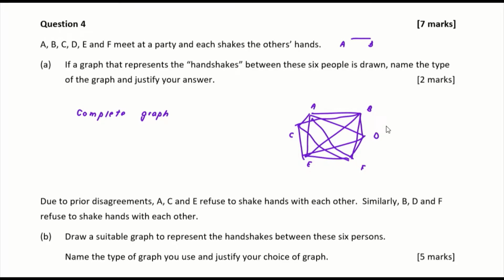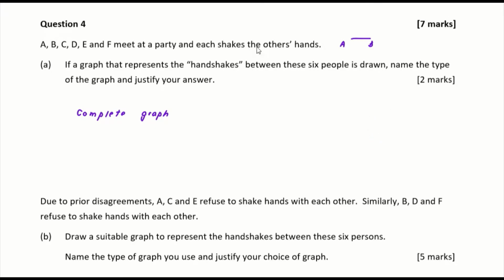You do not really need to draw it. The idea is you need to understand what you are doing here. In the end, you know that you are getting a complete graph. So how do you justify your answer? The idea is everyone shakes the other's hand.